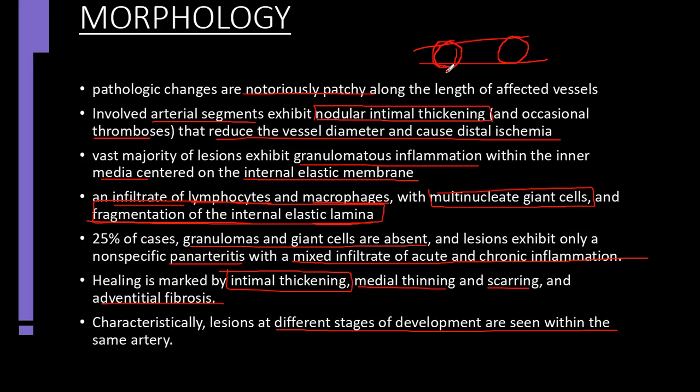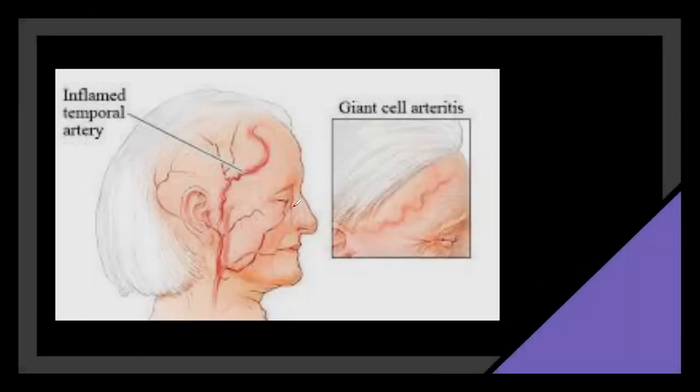They can be at different stages. Now, here you can see the superficial temporal artery is the one which is involved in this case. It will be painful when you palpate it, and when you take a biopsy of that, this is what you expect to see.